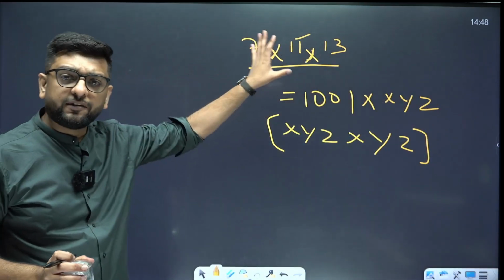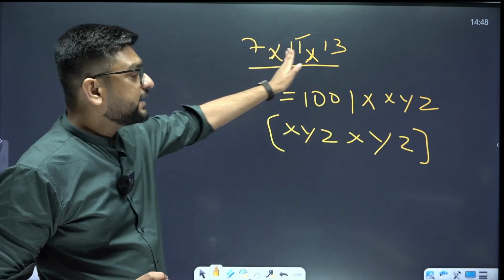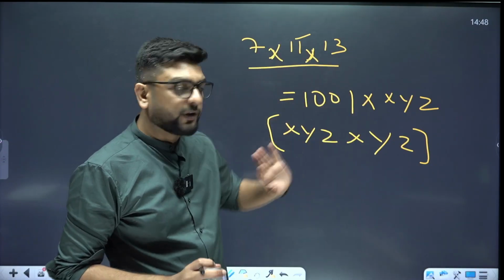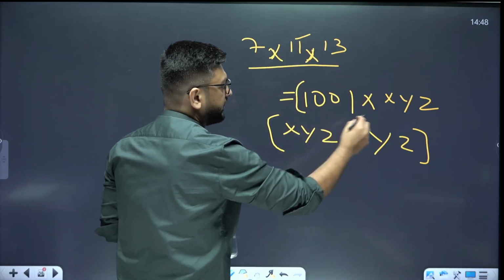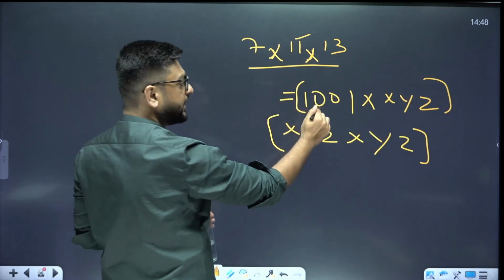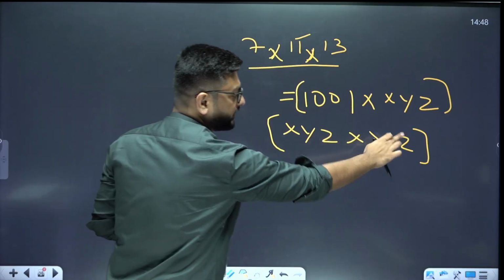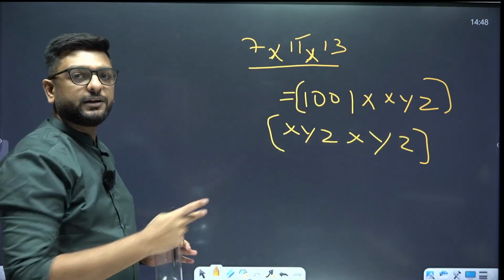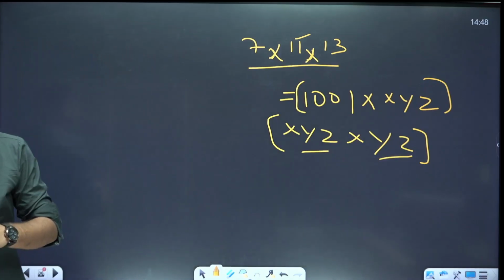See, UPSC's favorite topic is this, 7, 11 and 13. Now, when I multiply them, I'll get 1001. When a 3-digit number is multiplied by 1001, it will come as xyz xyz. It will repeat itself. That is xyz. Did you get it now?